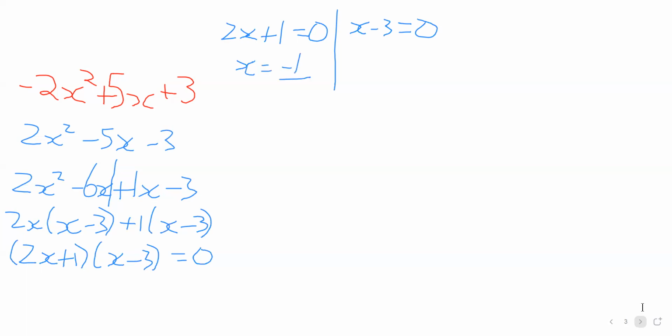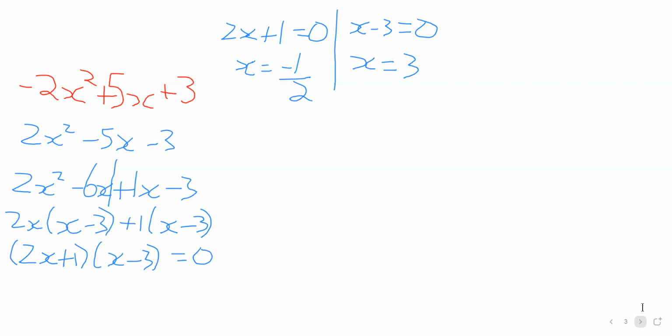When you take the 1 across, you'll get negative 1, and then when you take the 2 across, you'll get division, so you'll end up with negative 1 divided by 2. There's a video to check to see how to make x the subject of the formula. On the other side, x will just equal 3, because when you take the subtract across, you will get a positive. Nice, so we have our roots.